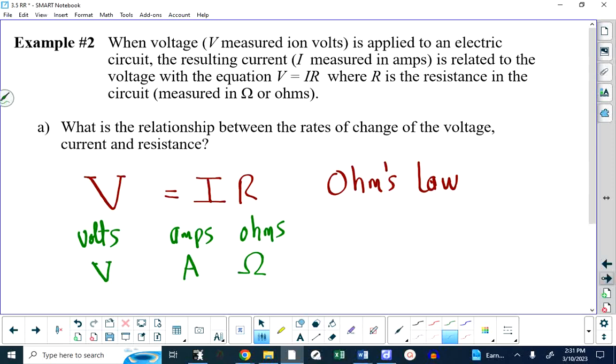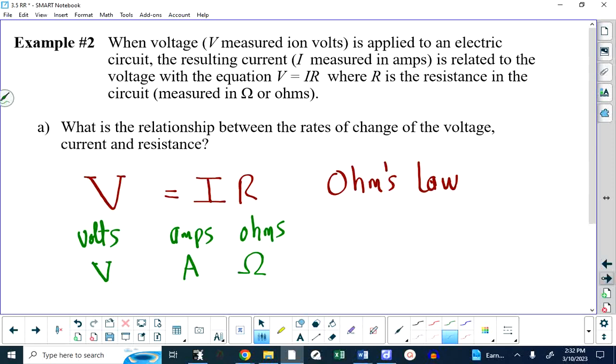And what typically happens when you first learn about this formula in science is you just do simple calculations. But the fact of the matter is, devices heat up the longer they're used. And the more it heats up, the greater the resistance. So what happens is, as soon as you turn it on by adding a voltage, everything starts changing.